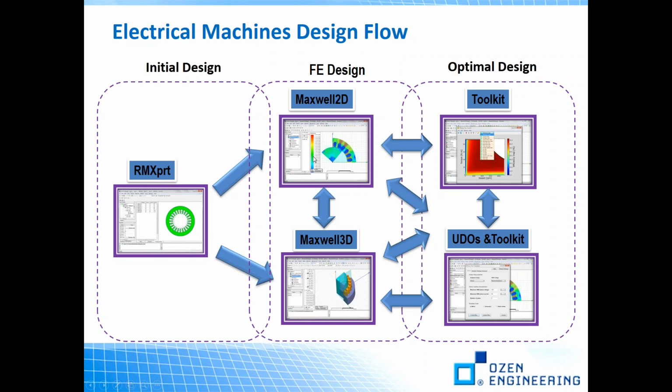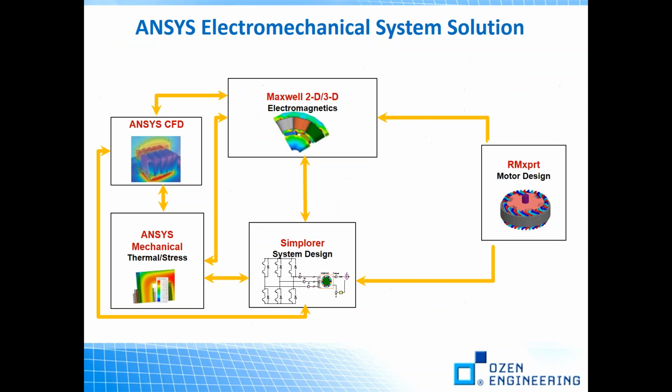It automatically generates the 2D and 3D models and does the finite element analysis. You can also use the toolkits for thermal analysis. And an efficiency map can be created by taking measurements in a test environment of the output torque, input power, and output power.